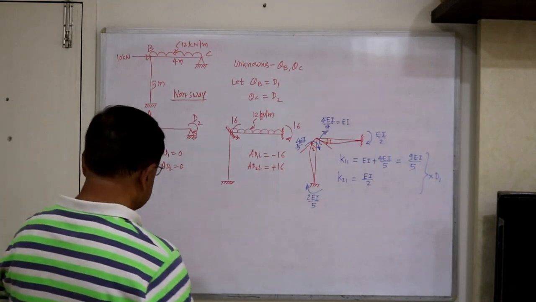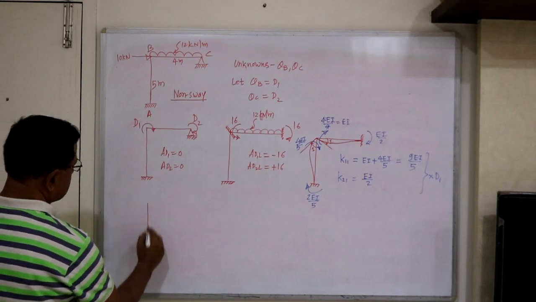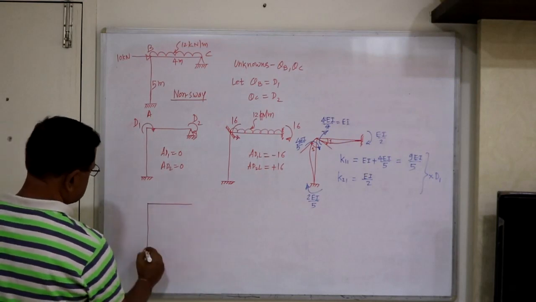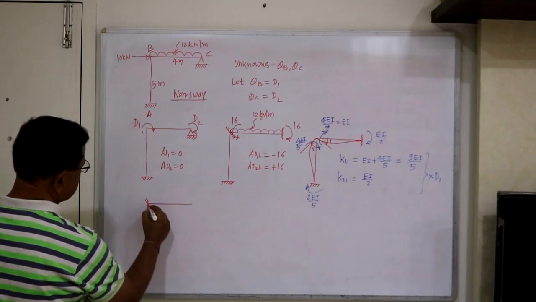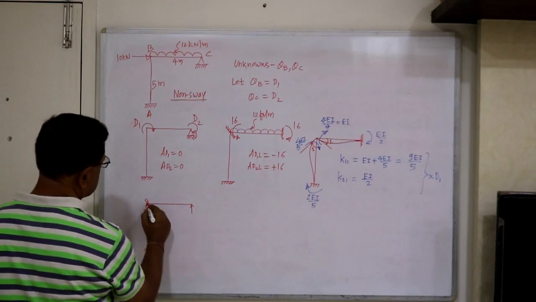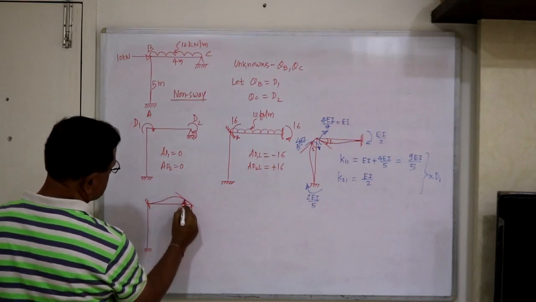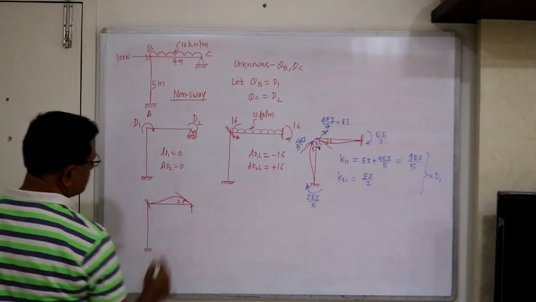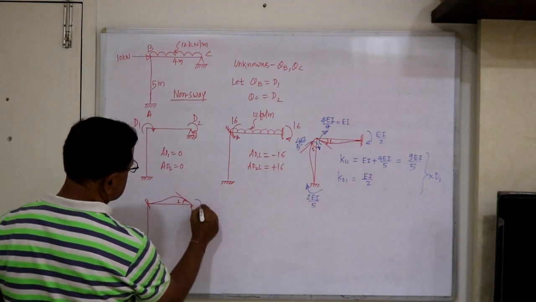Now next, let's consider the next displacement in the direction of second coordinate D2. So keep this as fixed, allow rotation here, that is clockwise rotation. Now what is the moment developed here is clockwise.